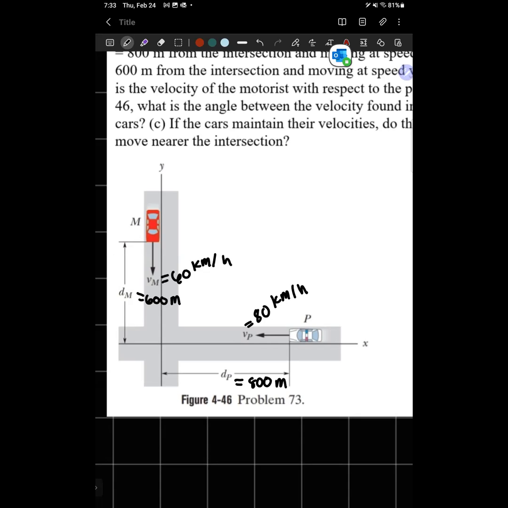What I am going to do, it says it wants a unit vector notation.